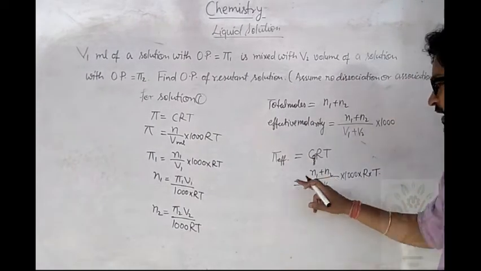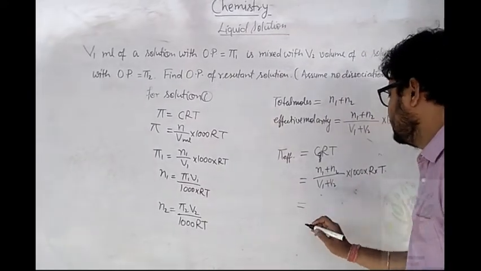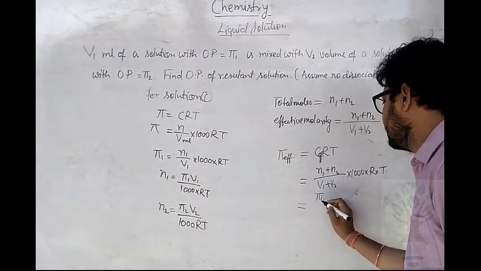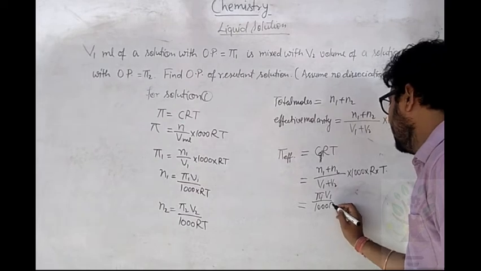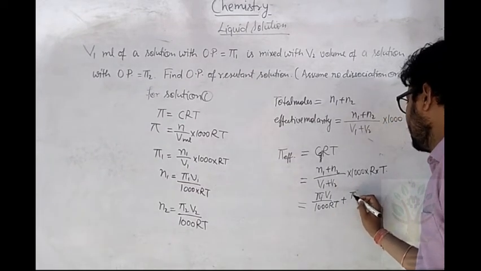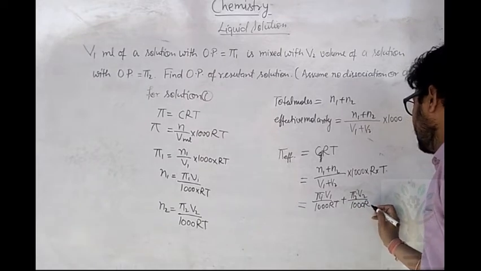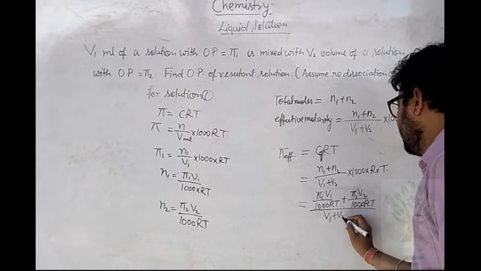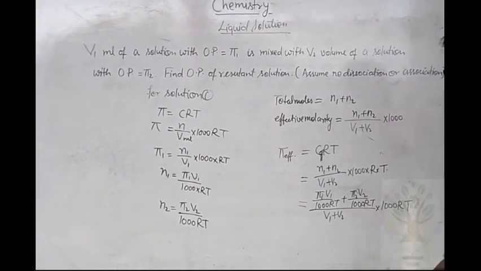Now let's put the values of N1 and N2 that we have already solved here. N1 is pi 1 V1 upon 1000 RT plus pi 2 V2 upon 1000 RT, divided by V1 plus V2 multiplied by 1000, times RT.